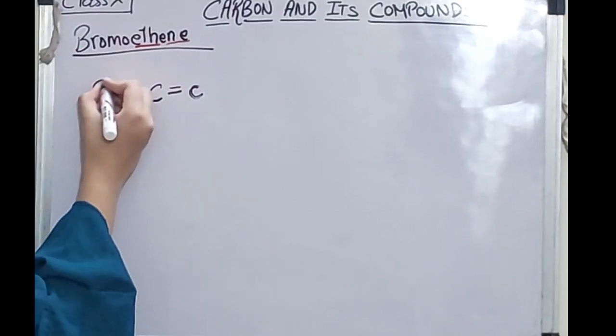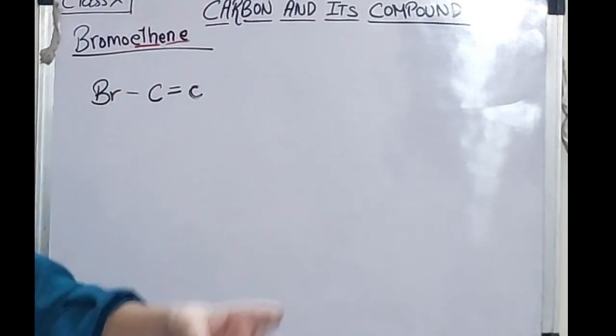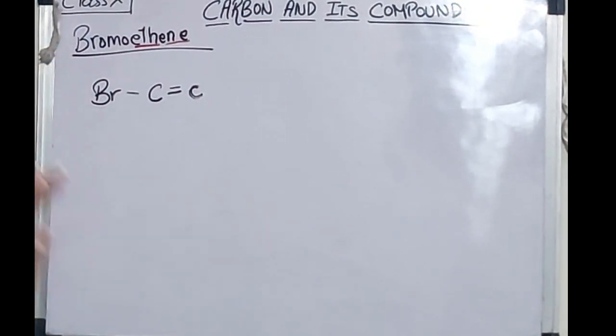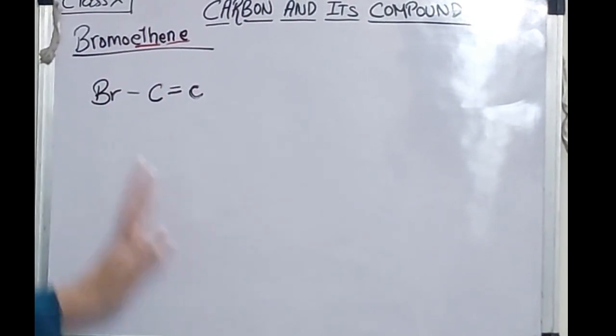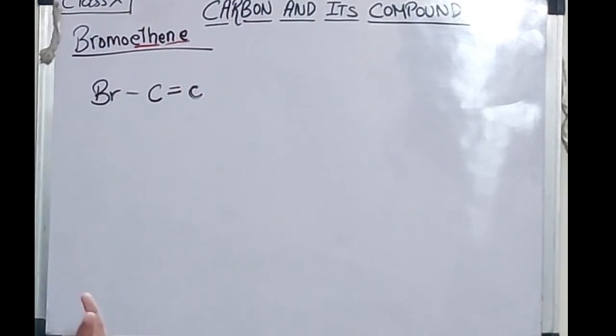Bromo means attach bromine anywhere. Remember, not just bromine but every halogen like chlorine, bromine, iodine, any halogen, or the alcohol OH, you can place it anywhere in the chain. Put it at the last or in the middle, no worries. Okay?